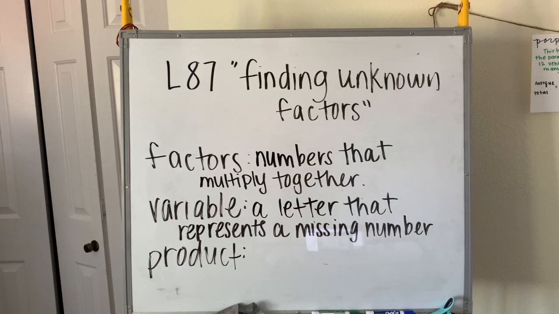So I might say 5x equals 10. What is x? Okay, that's what we're going to be working with today. Having a variable, a missing number, and we have to find out what it is.